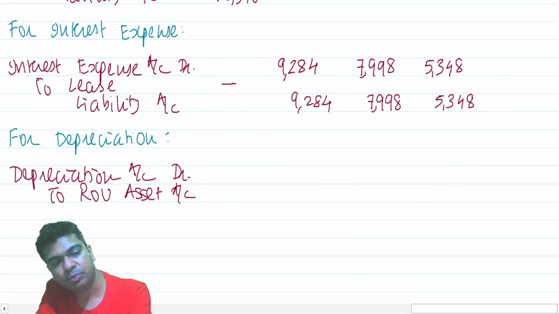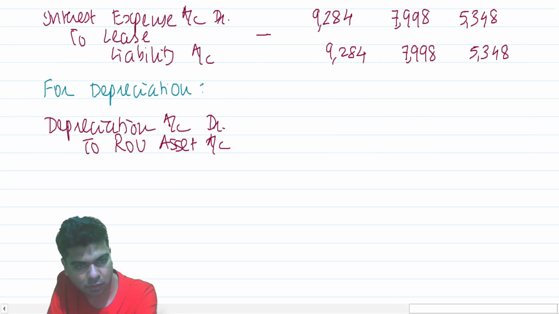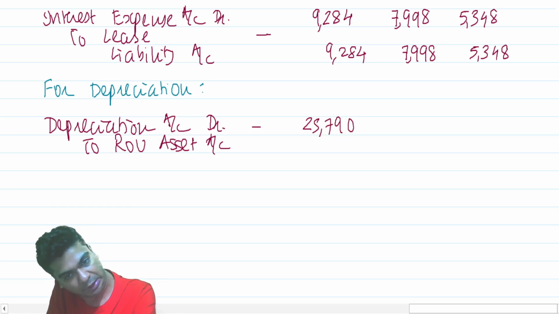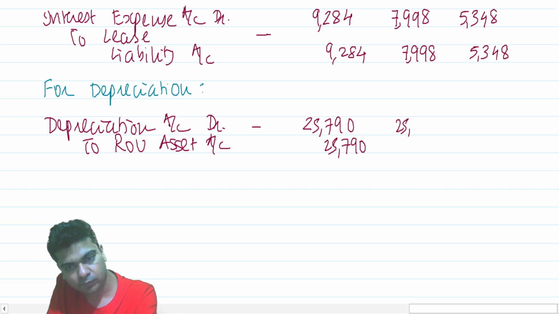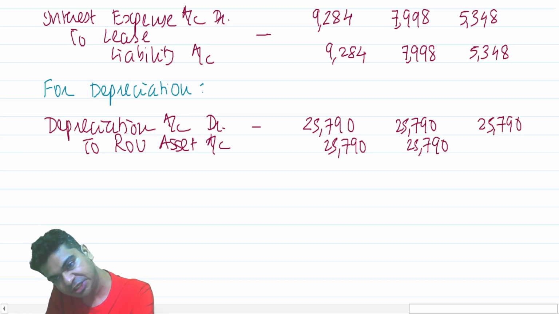Record for the depreciation, 25,790. It is straight line method, so every year the depreciation will turn out to be the same.